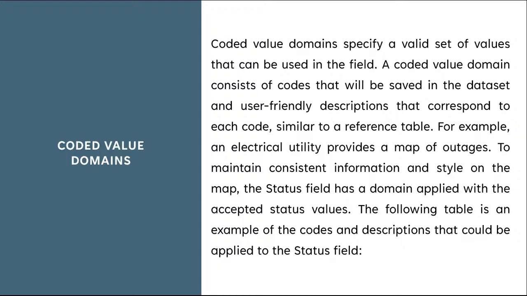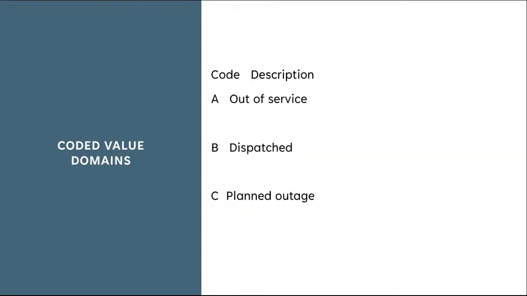The status field has a domain applied with accepted status values. The following table is an example of the code and description that could be applied to the status field. Code A, description, out of service.